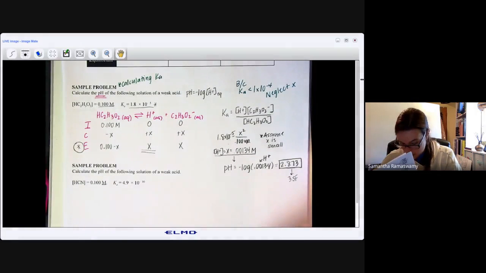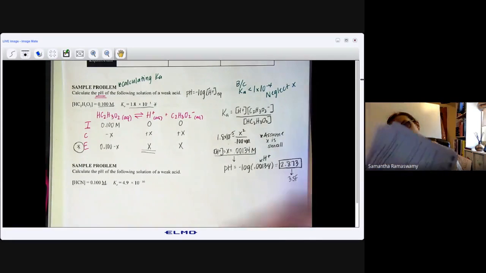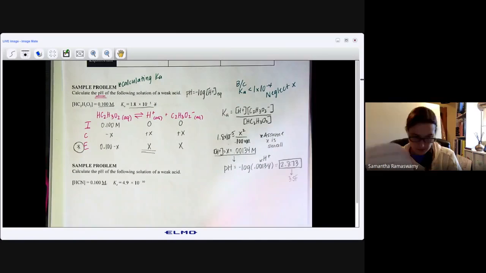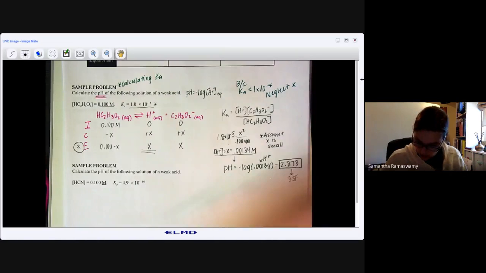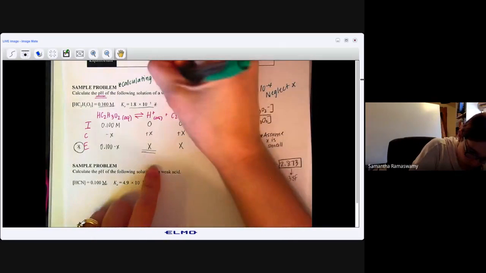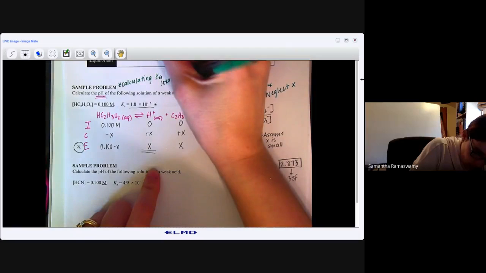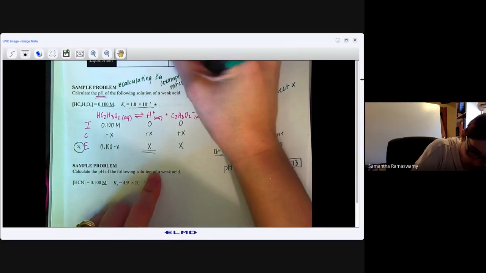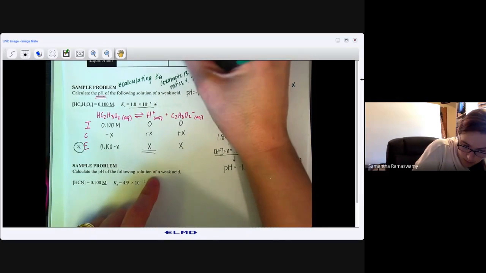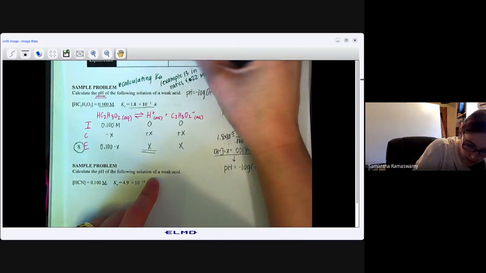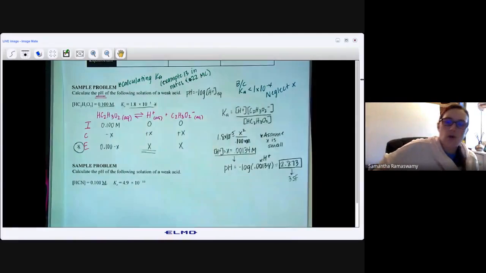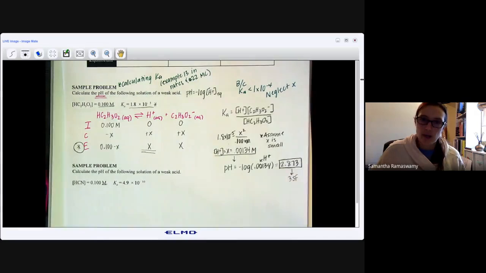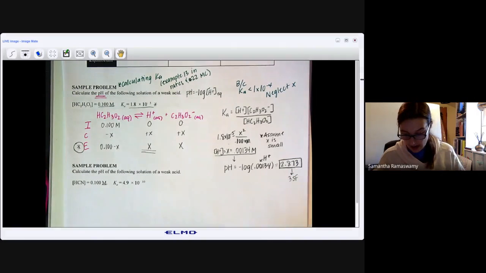Example 13 in the notes, and that's also number 22 on mastering, MC for Mastering Chemistry, has you calculating Ka, and they give you the pH.